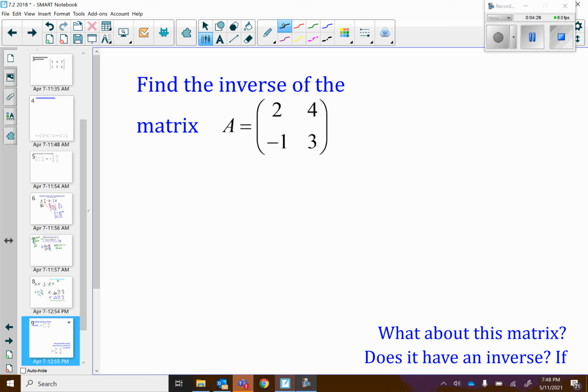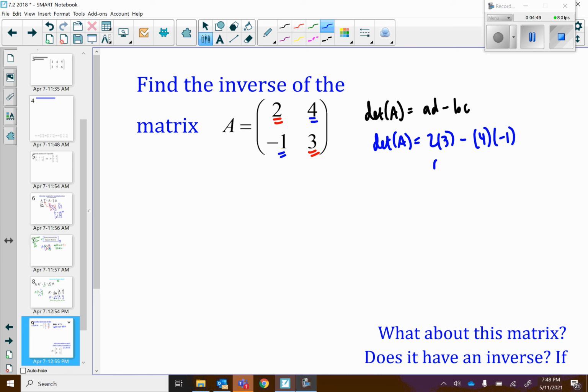To determine that, I find the determinant of A, which is A times D minus B times C. So the determinant of our matrix is 2 times 3 minus 4 times negative 1. 2 times 3 is 6. 4 times negative 1 is negative 4, but we are subtracting it, so plus 4. And we get 10. The determinant is not 0, which means this has an inverse.